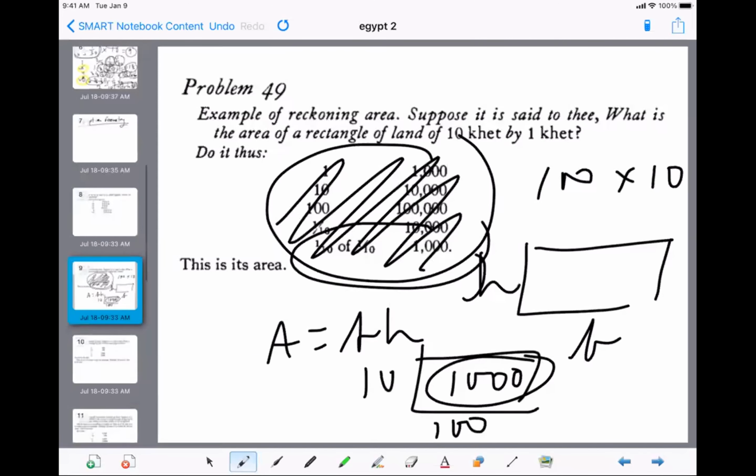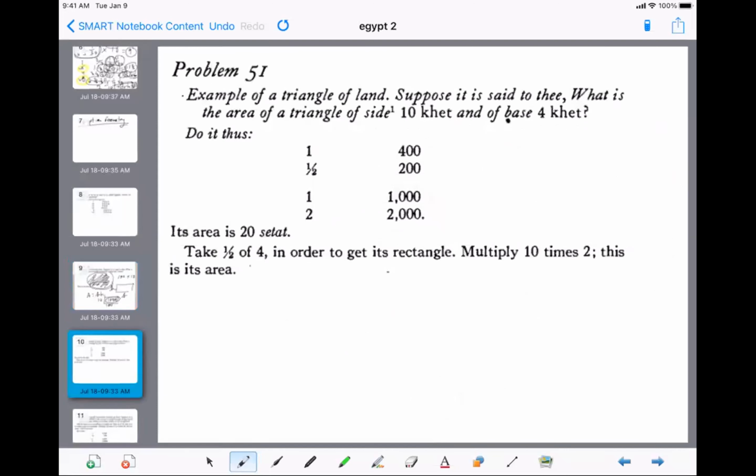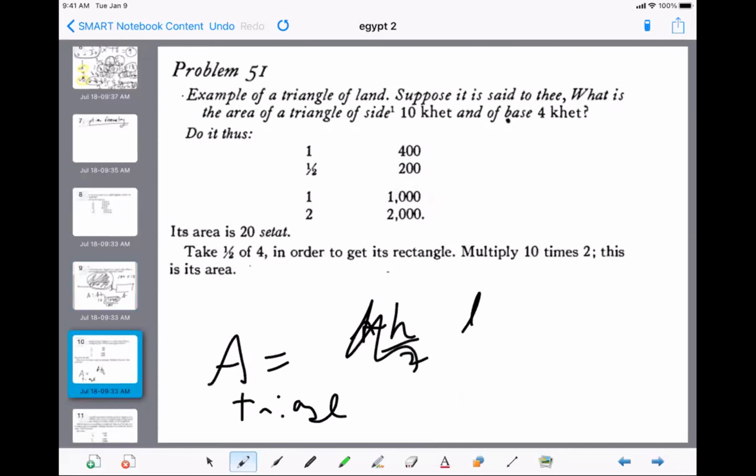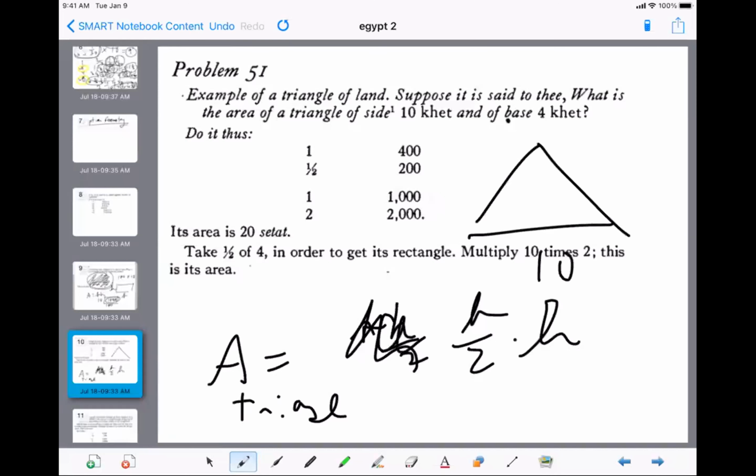Now, question 51 shows that they knew that the area of a triangle was base times height over 2. They actually wrote it as base over 2 times height, or they thought of it in that way. So in this question, they're saying that it's 10 and 4. It's funny, they say side of 10, but they really mean altitude of 10.